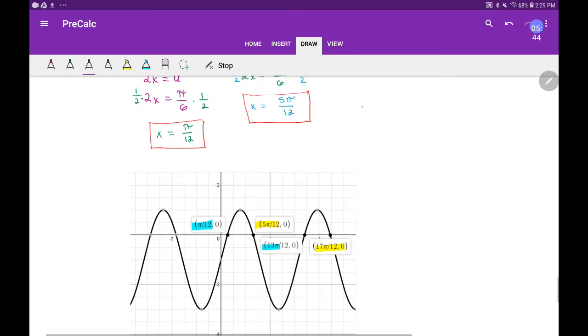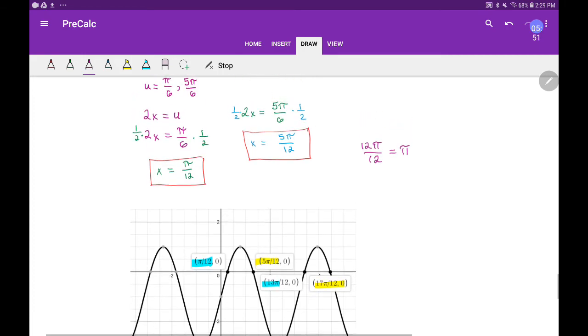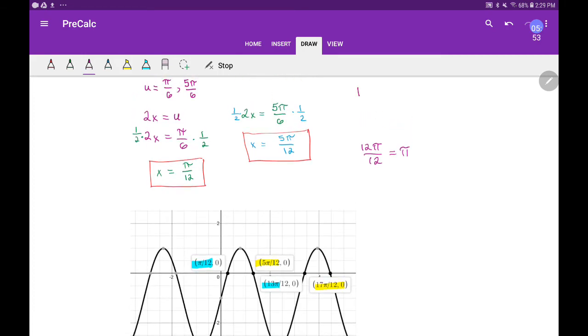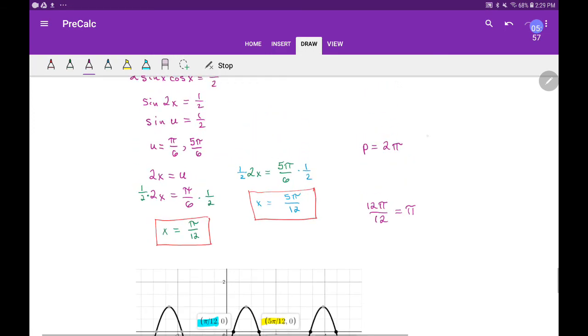In other words, I'm adding 12 out of 12 pi, also known as pi, because normally my period is equal to 2 pi, but because I said the sine of 2x, my period is now equal to 2 pi divided by b, which is 2.